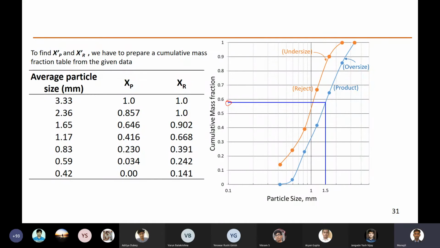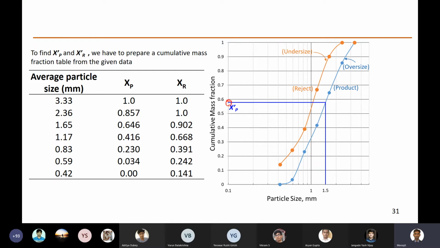Our desired material is plus 1.5 millimeter particle size, right? And what will we get from here? XP bar. Right, absolutely right. This will correspond to XP bar.